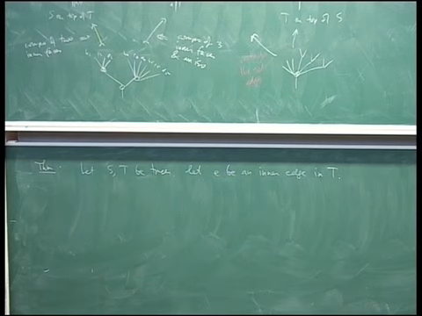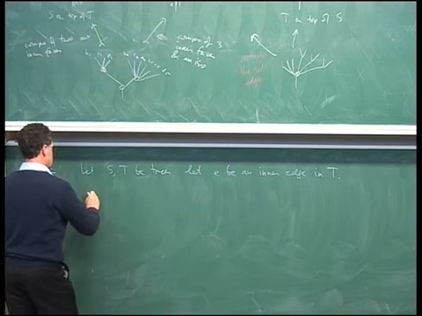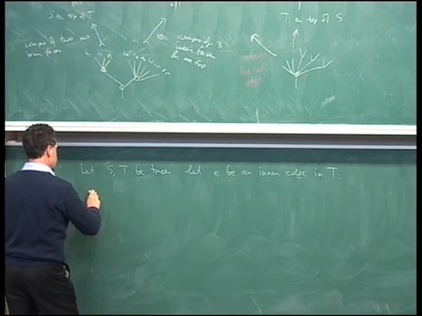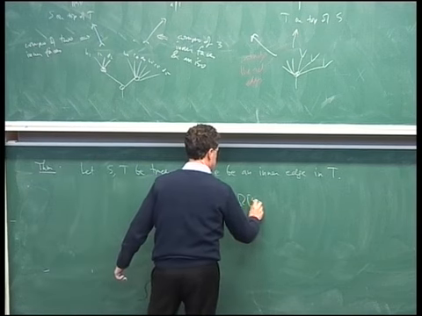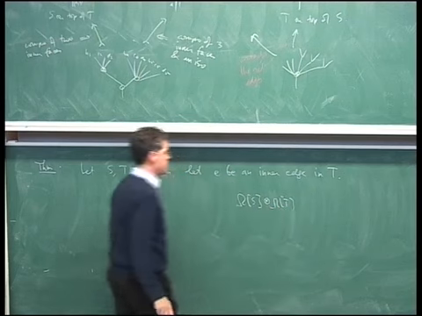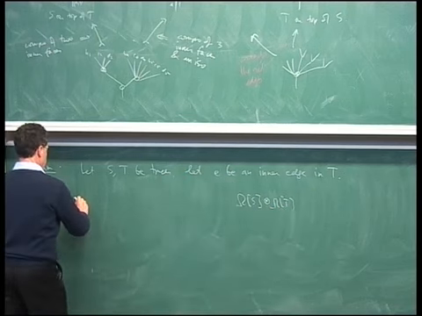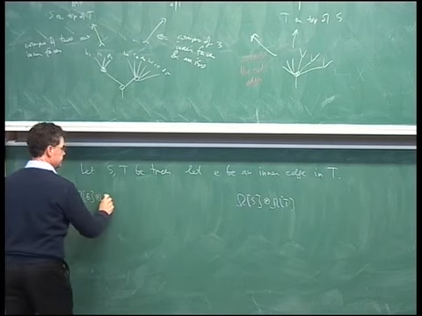And I'm going to write down something which may look strange to some of you, but will look very familiar to some others. I'm going to write down a subobject of omega S tensor omega T. I'm going to tensor omega S to the inner horn.